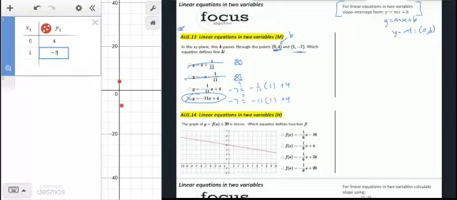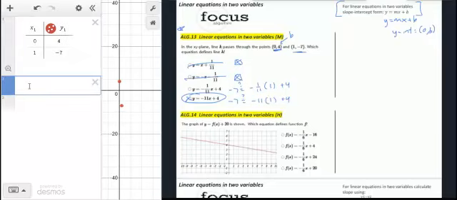Now, for a linear function, you always need one more point than the degree or the power of your expression. So a linear function has a degree of 1, so we need 2 points. So we have our 2 points. What we can then do is go down to the next line and call on this linear regression.